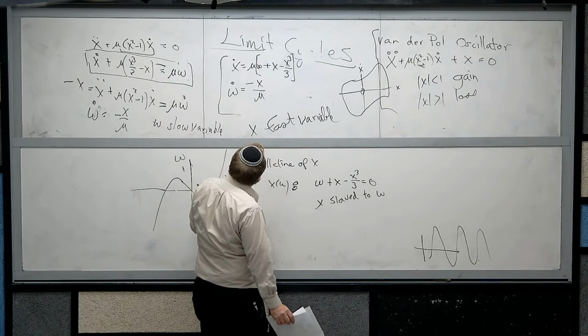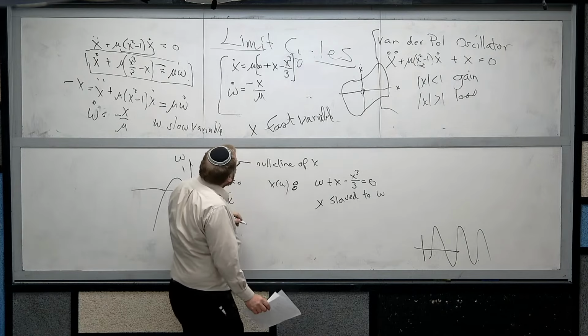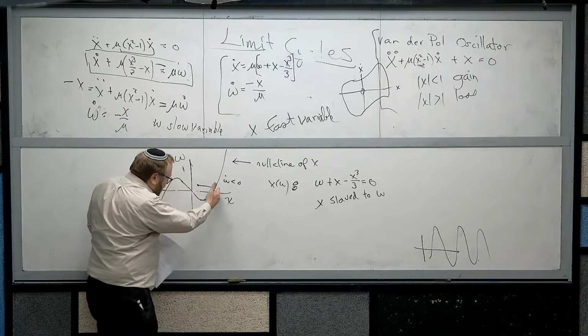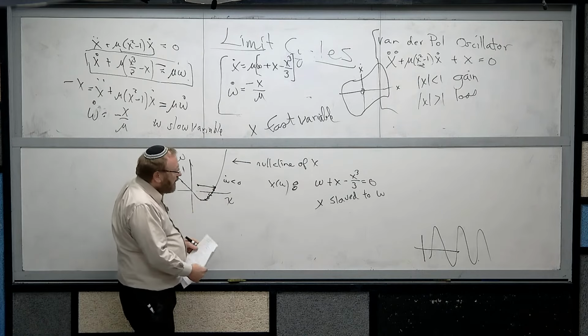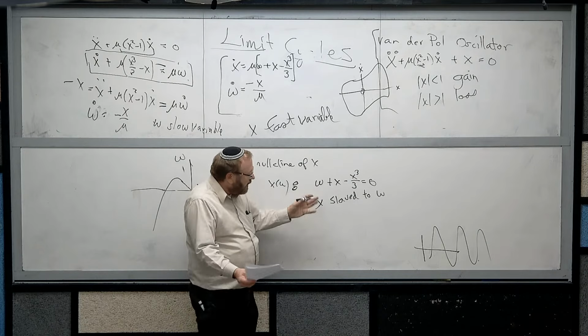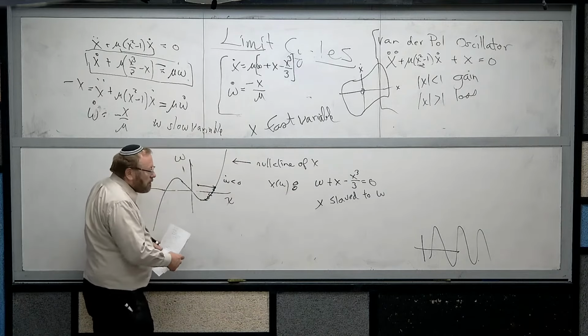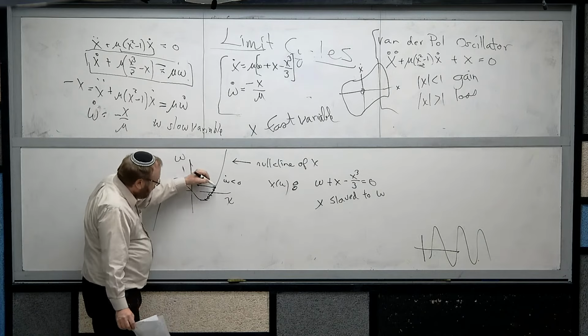So x is also moving very slowly here, because x dot is proportional here to omega dot, and omega dot is of order 1 over mu.